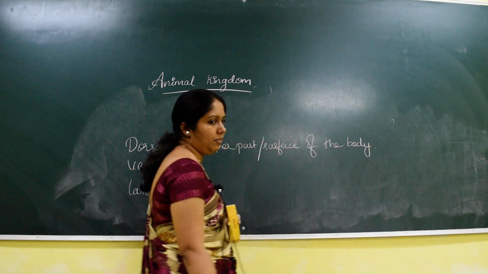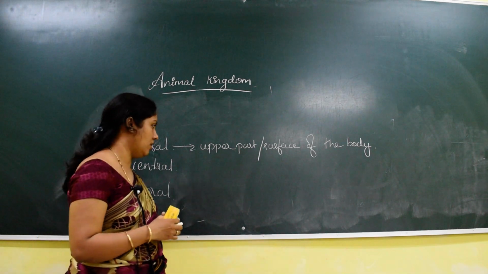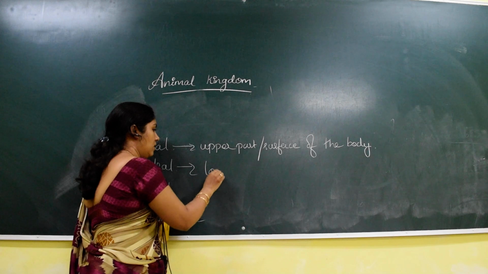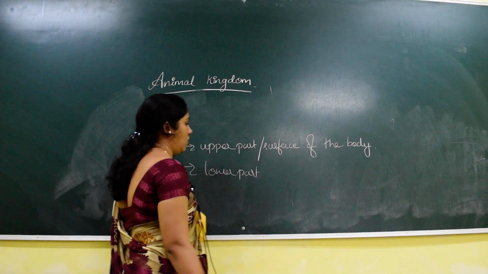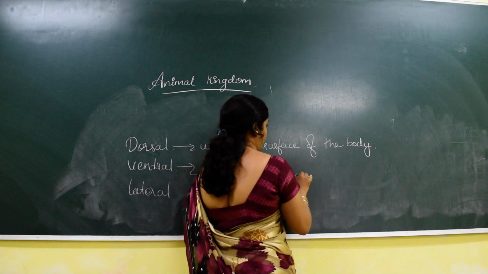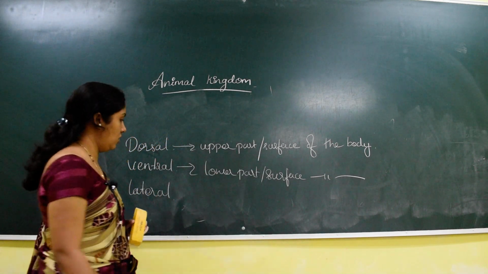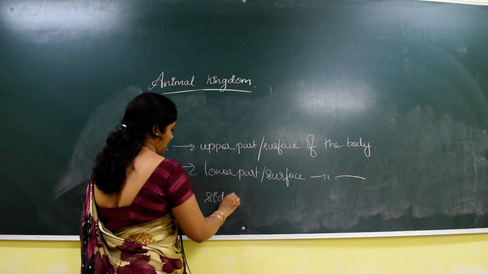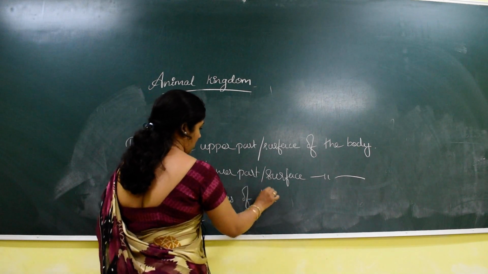Dorsal means the upper part, that is called dorsal. Whereas the ventral is the lower part, or you can also say lower surface of the body. Lateral, as I have already discussed, is the sides of the body.